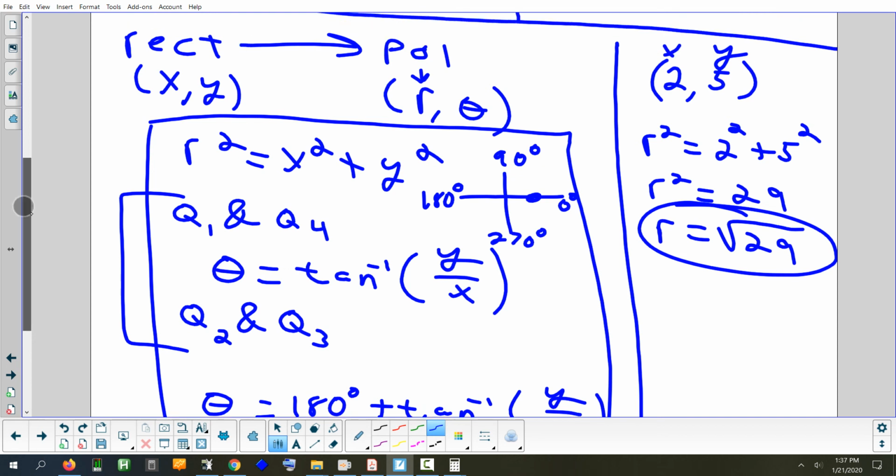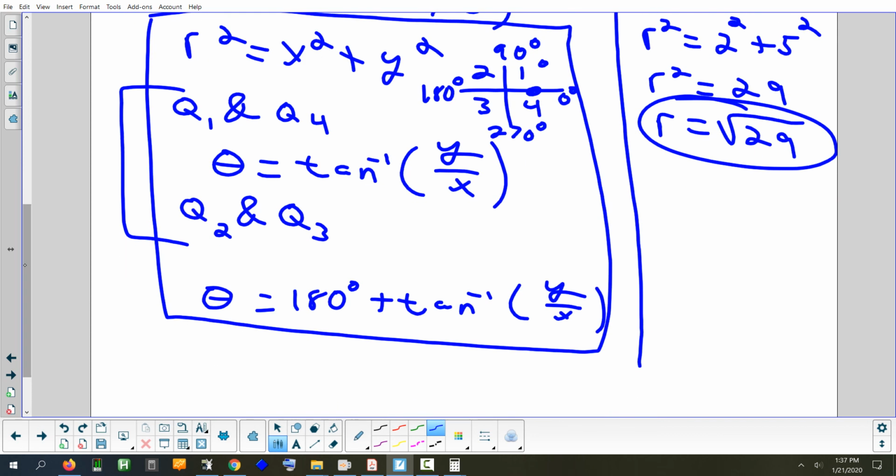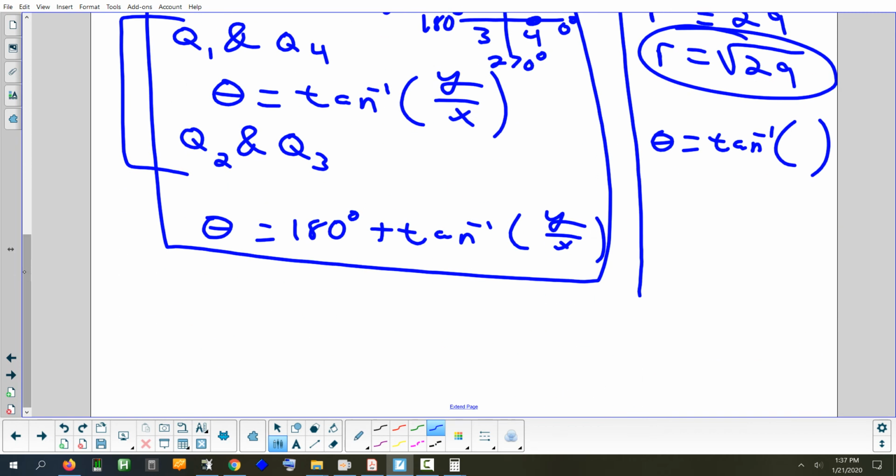Okay, so you just have to memorize those 4, or put it on your record. But our coordinate does not have a 0 in it, so it is not on an axis. The point 2, 5 is up there in quadrant 1. So, because we're in quadrant 1, it says to use the formula inverse tangent y over x. This is what we just practiced when we were solving a right triangle. y is 5, x is 2.